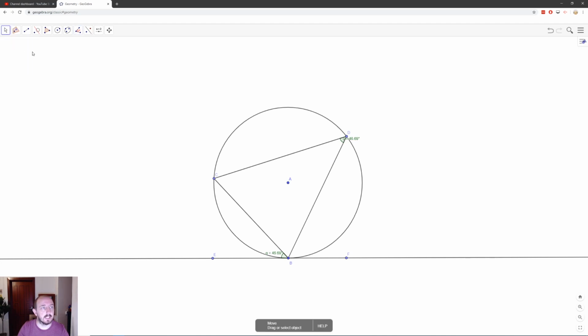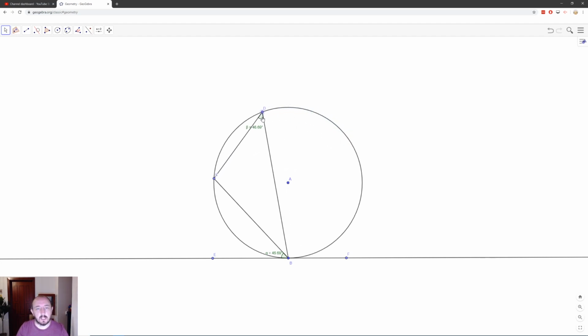It's the exact same angle as this one down here. So I can move this anywhere because it's in the alternate or the other segment to CBE, that angle 46.69 down there. This is anywhere in the other segment.